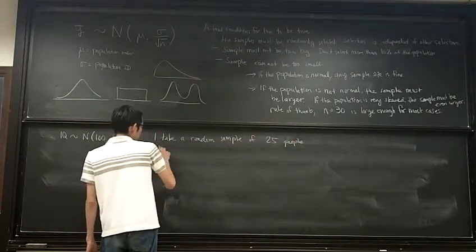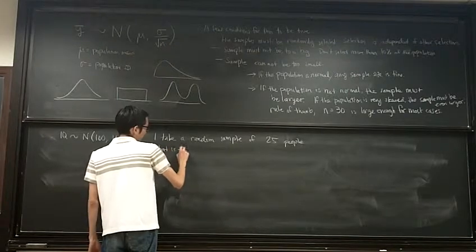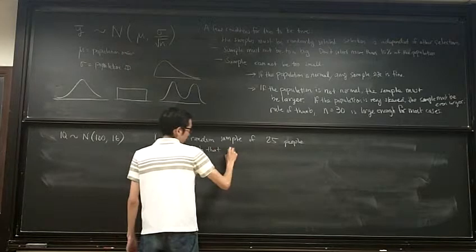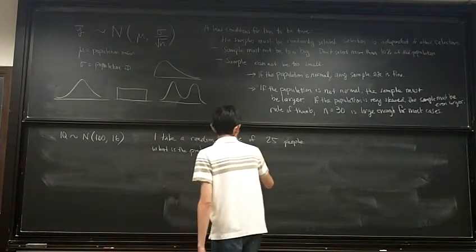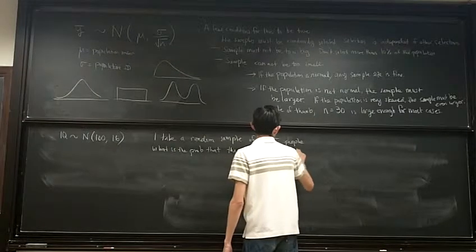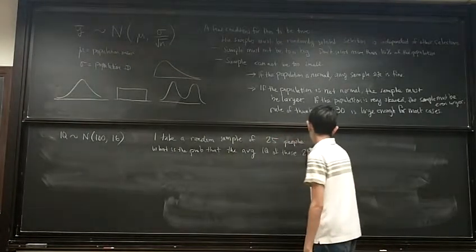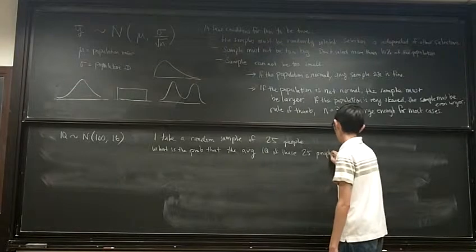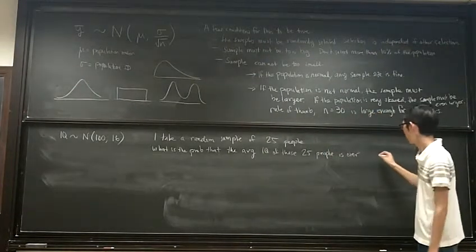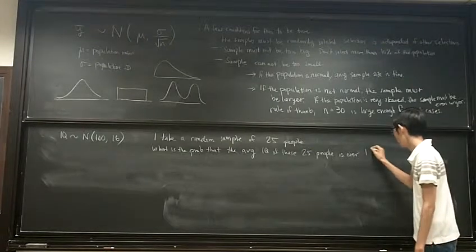What is the probability that the average IQ of these 25 people is over 104?